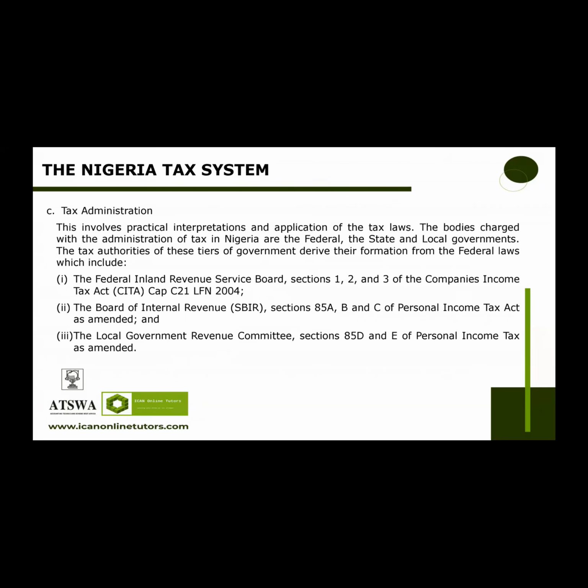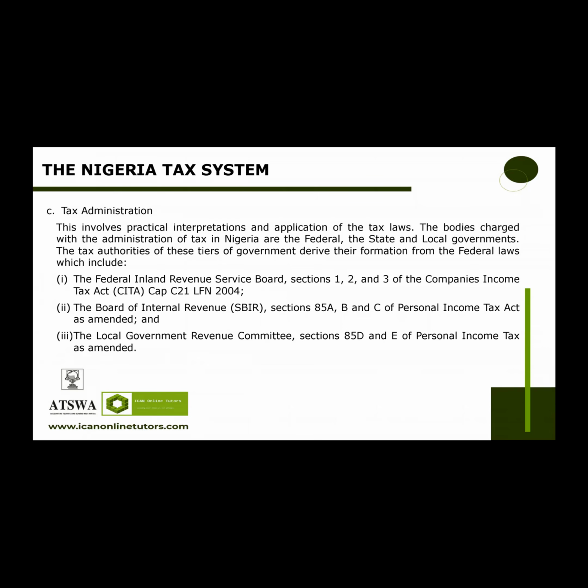Tax administration under the Nigerian tax system. This involves practical interpretation and application of the tax laws. The bodies charged with the administration of tax in Nigeria are the federal, the state, and local governments. The tax authorities of these tiers of government derive their formation from the federal laws, which include: 1.